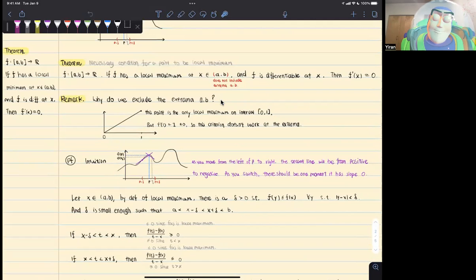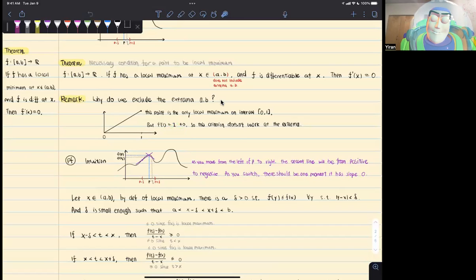For example, if we have a function f in this way on the interval [0, 1], and we include the closed point, the boundary point, then f'(1) is equal to 1, not equal to 0.